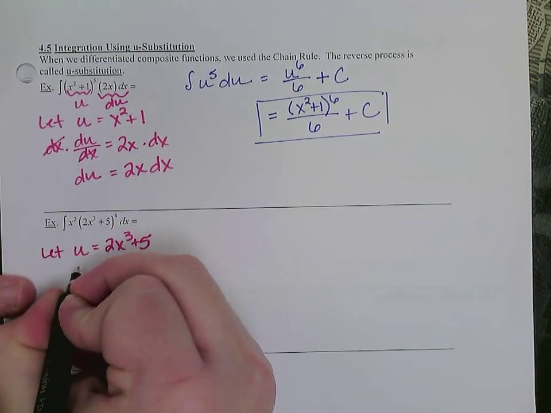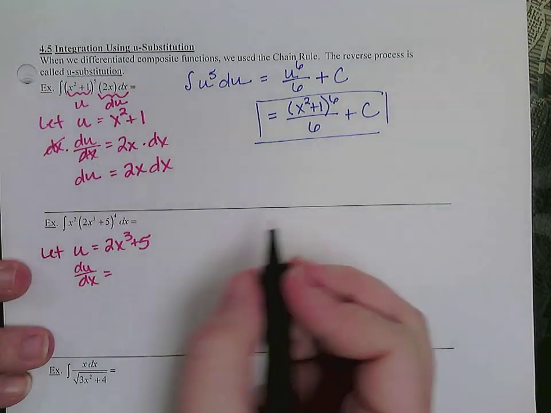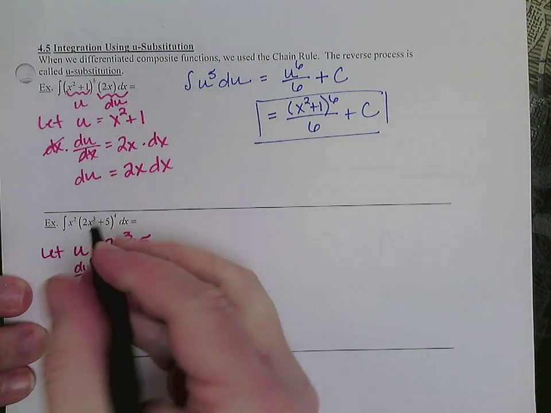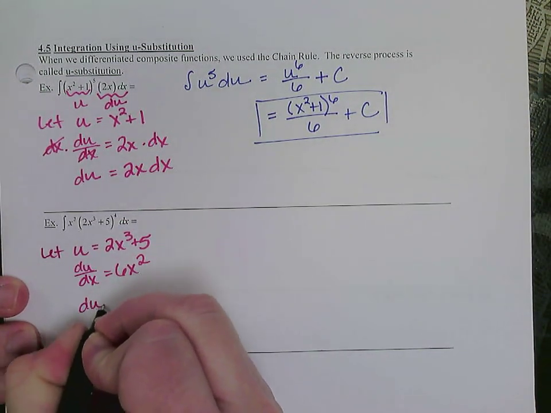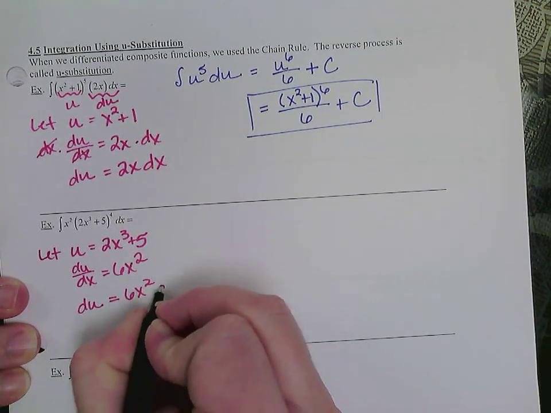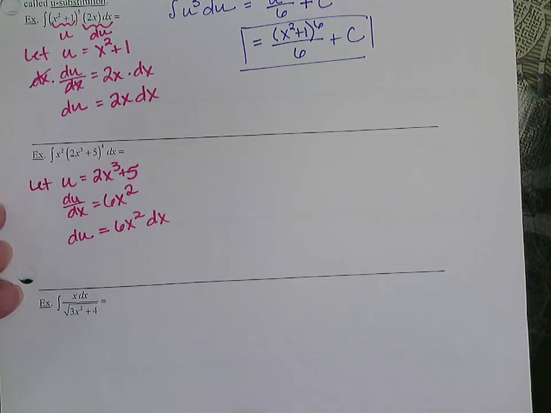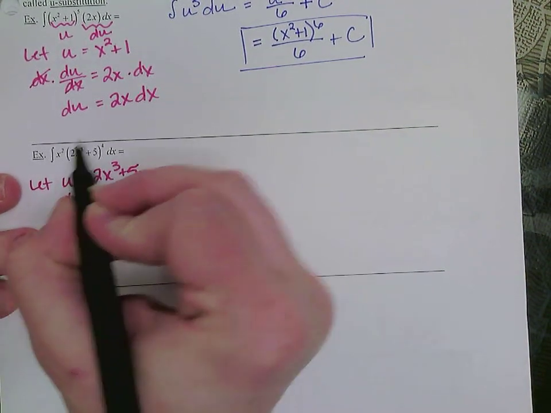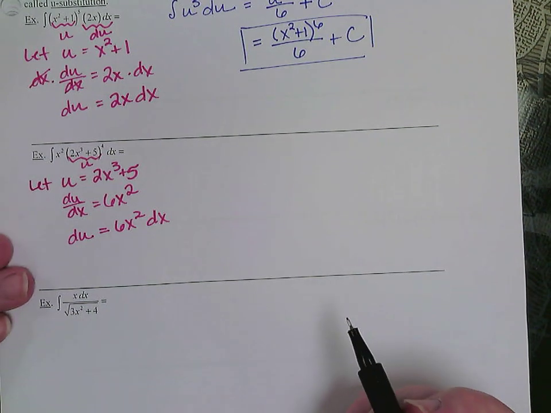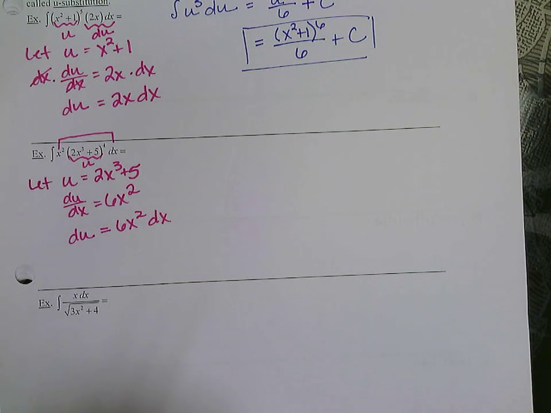So then du dx would be 6x squared. So then du equals 6x squared dx. So then if we look at this, we have u right here, except what do you notice is missing?